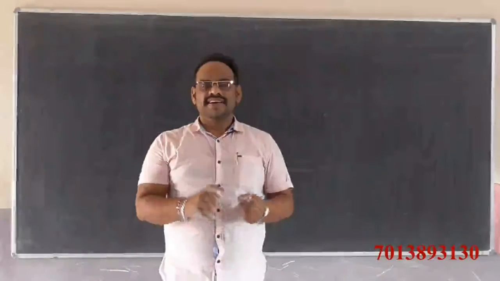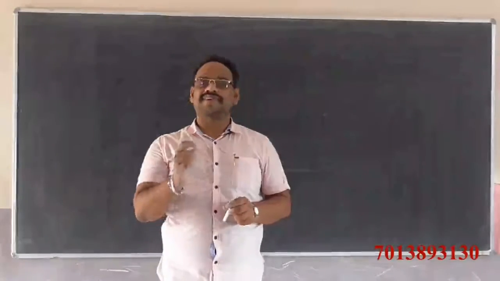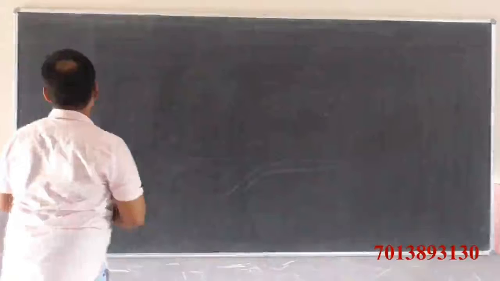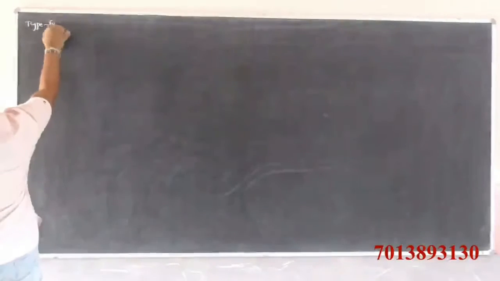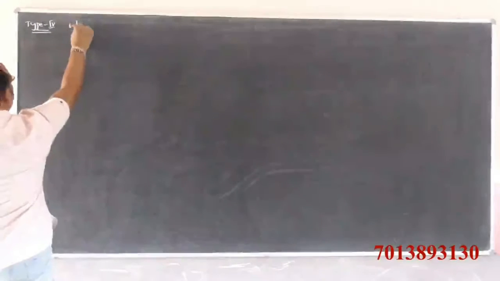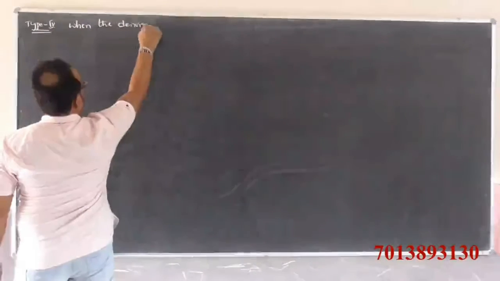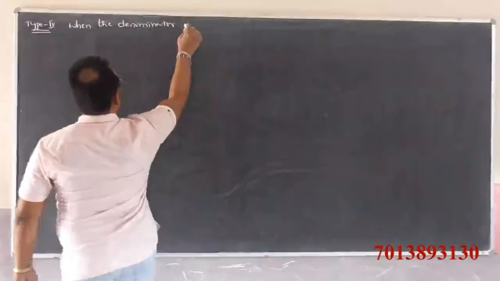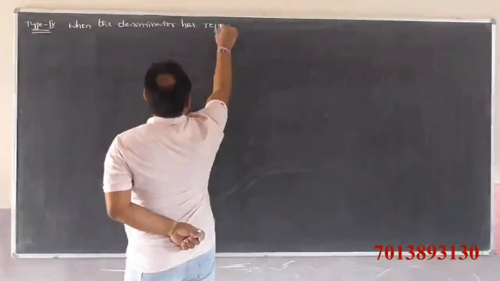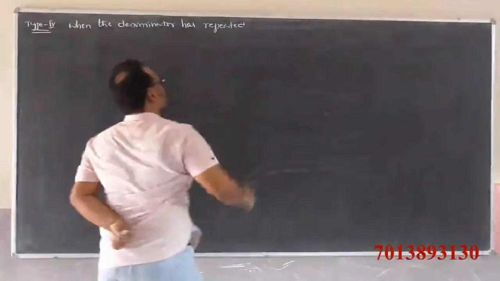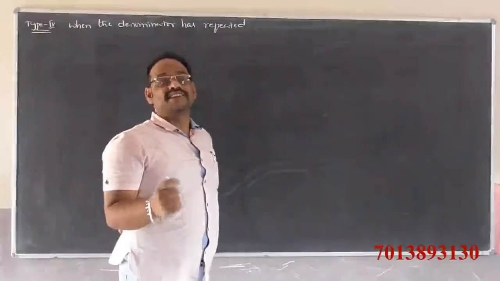Type 4: when the denominator contains repeated irreducible quadratic factors.